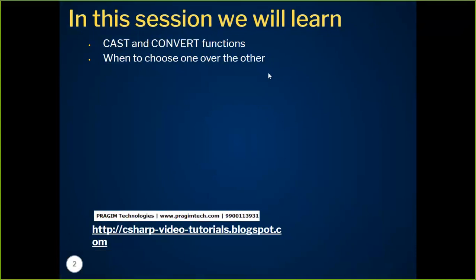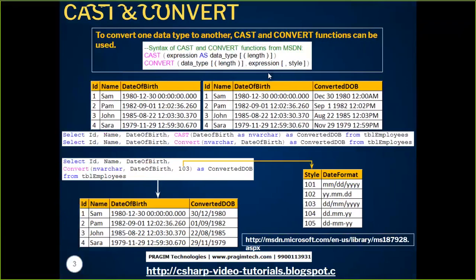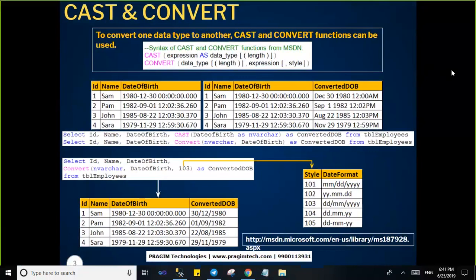Okay. So if I go here, the first thing I want to explain, even before we start, is why do we use cast or convert? What cast does is it takes one data type and changes it to another data type.